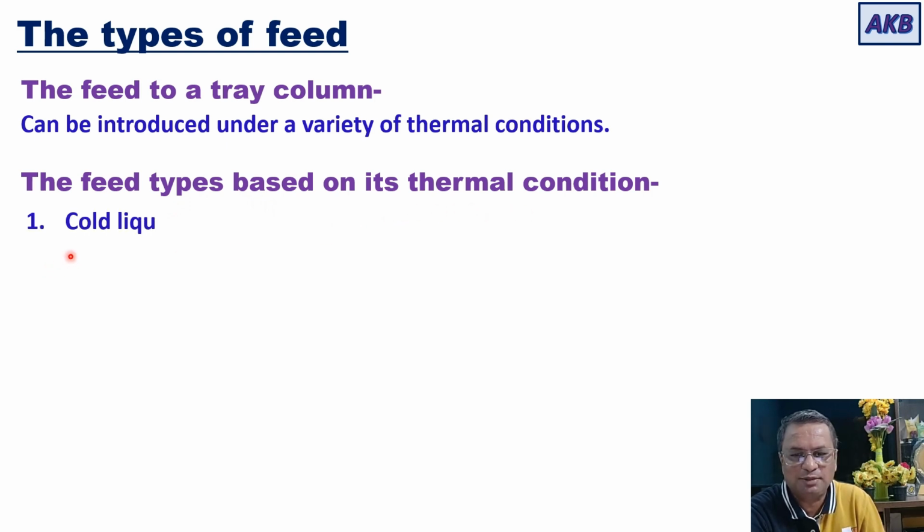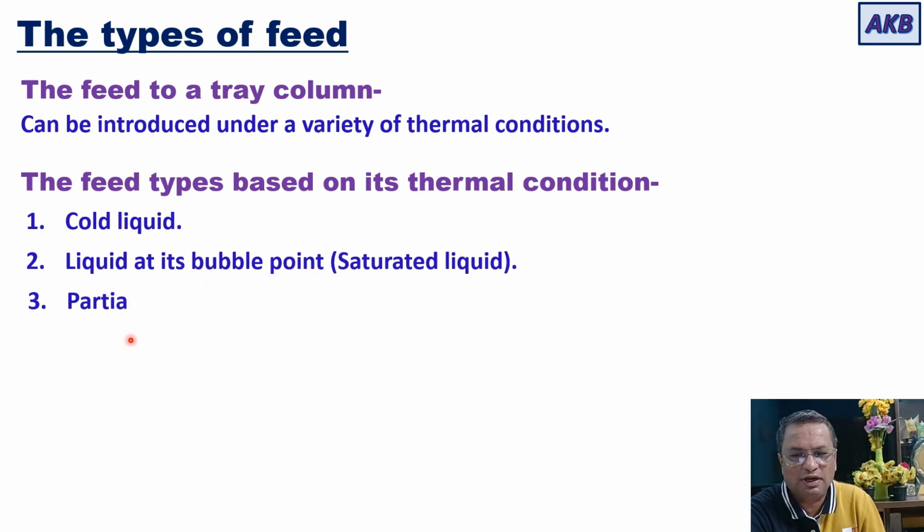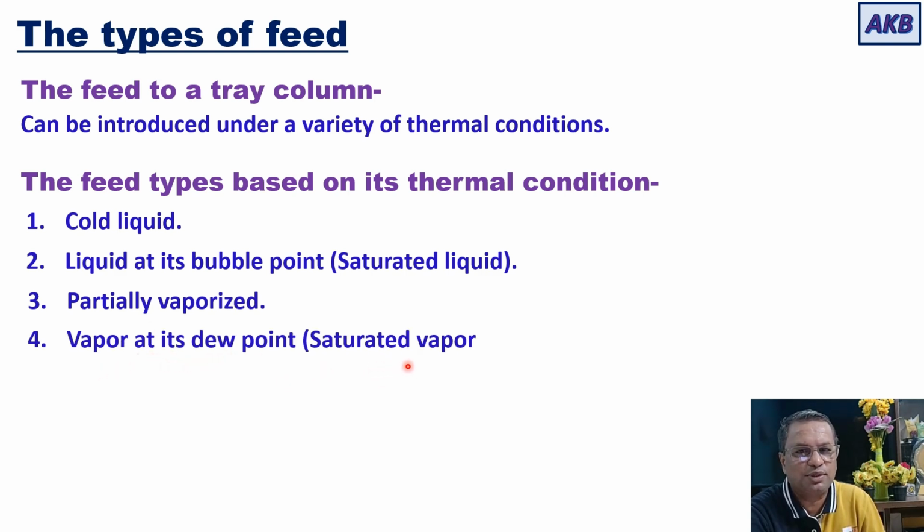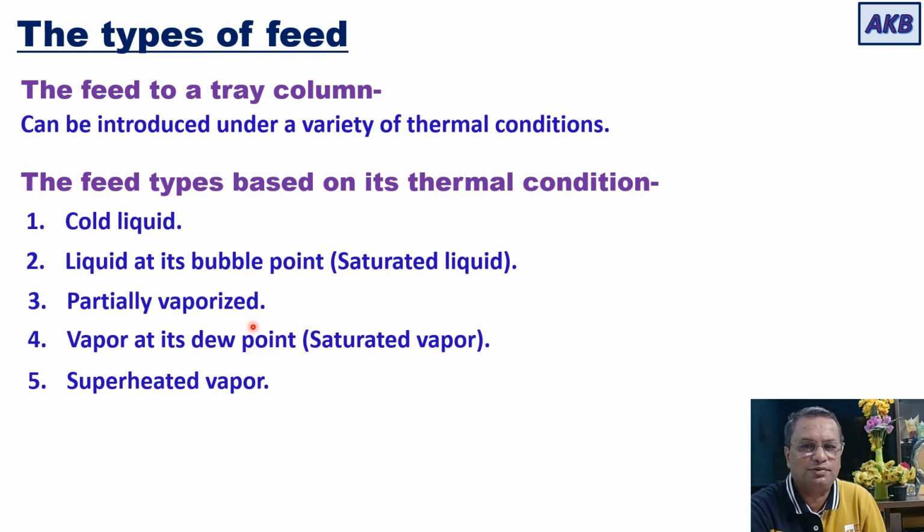You have these types: cold liquid, liquid at its bubble point or saturated liquid, then partially vaporized feed, then vapor at its dew point, or saturated vapor, and finally superheated vapor. So these are the five types of feed to a typical tray column.